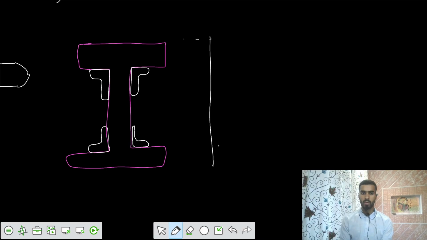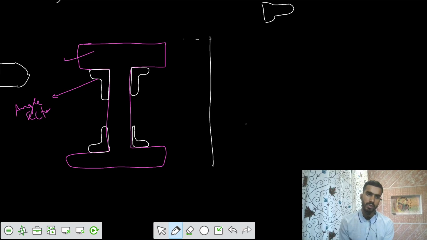Here we know the variation for the I section is in this fashion. But we have a few angles also here. This one is your angle section, and this is your I section. The overall section we call a built-up section.